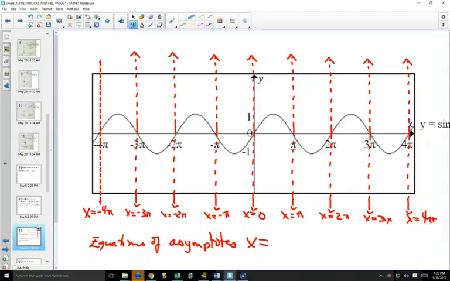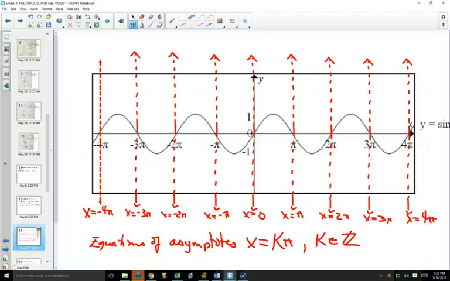So we'd say x equals, and just like you said, k pi, where k is an integer. Will there be an asymptote at y equals 0, a horizontal asymptote? No. There's only a horizontal asymptote if your graph goes up forever or down forever.